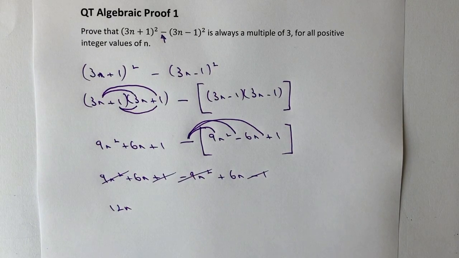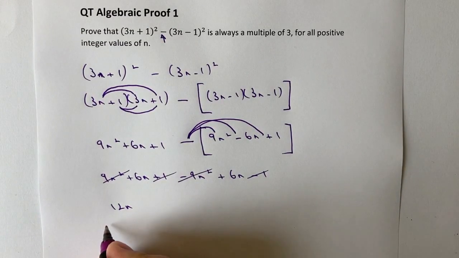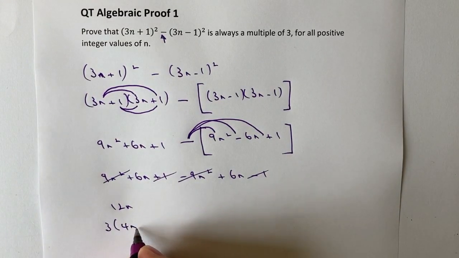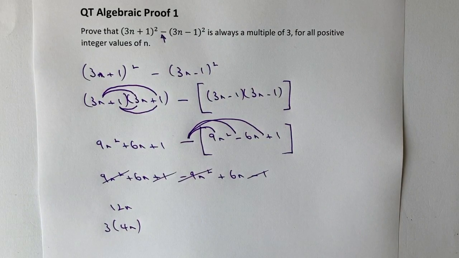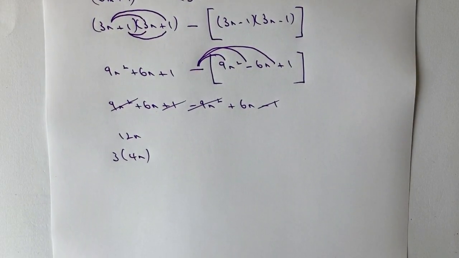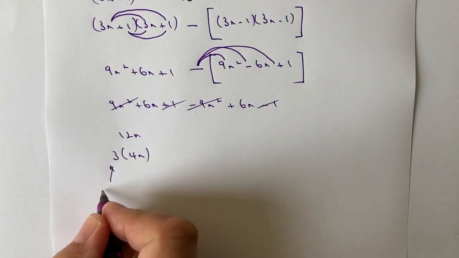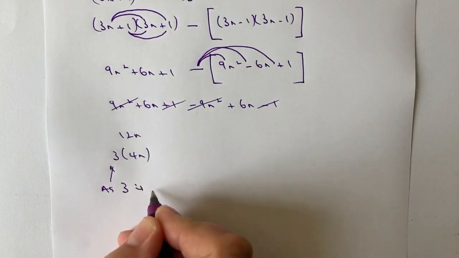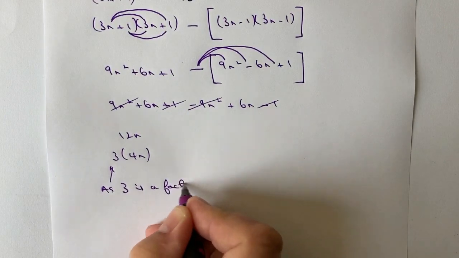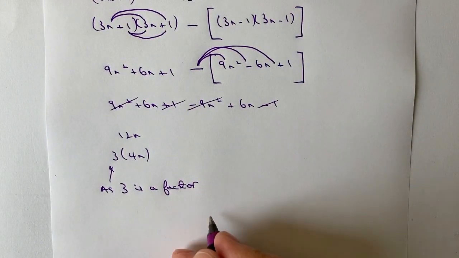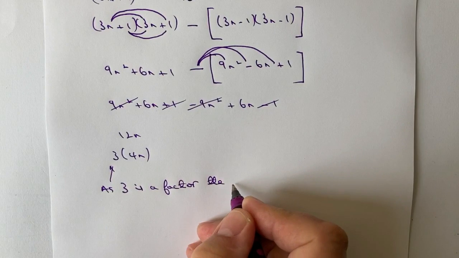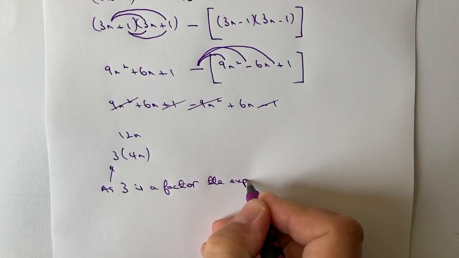And then it says prove that the expression is always a multiple of 3 for all the positive integer values. Well, of course it's a multiple of 3 because 3 is a factor, so I could write that as 3 times 4n. Now, what I was always taught to do is to write a little sentence that says as 3 is a factor, the expression must be a multiple of 3.